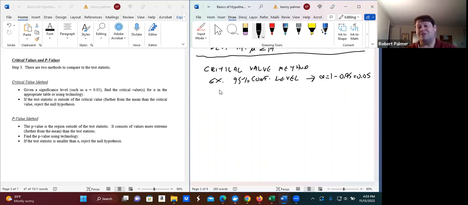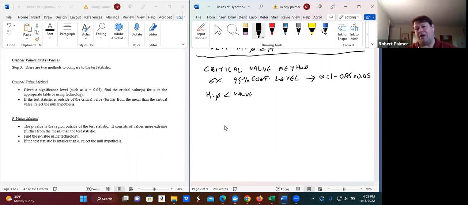Depending on the type of null or alternate hypothesis we have, we set it up differently. Let's say our alternate hypothesis is, and this works for either proportions or means, but let's just use p, that p is less than some value.